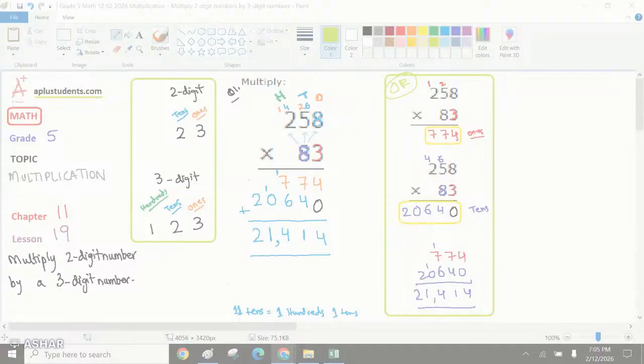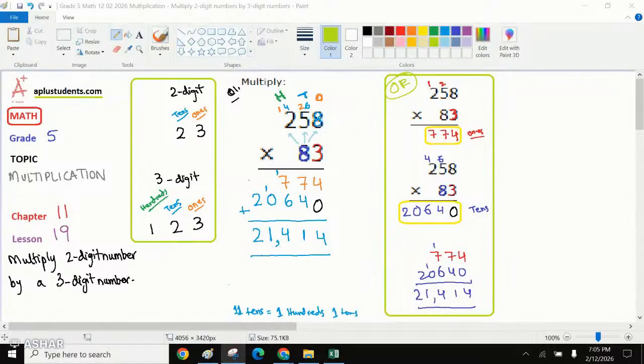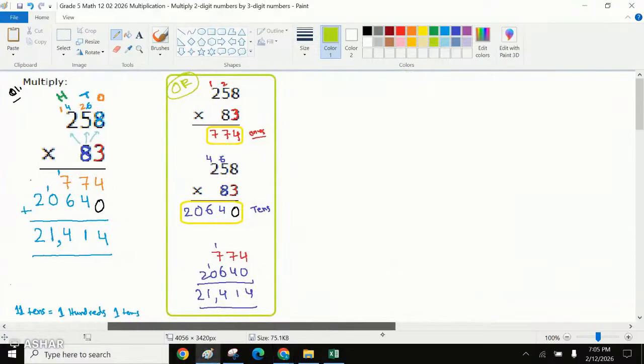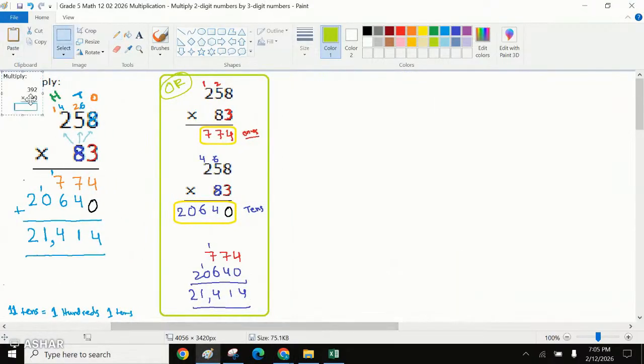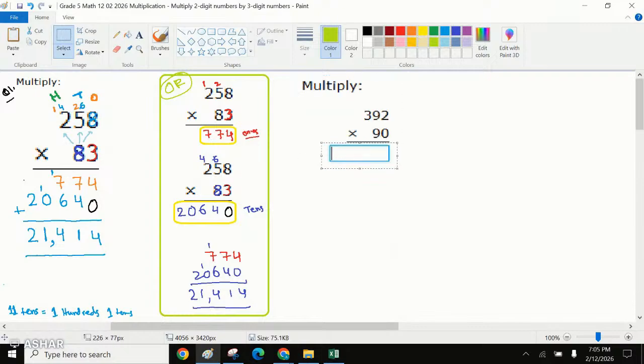Multiply by 90. So we know that whenever we are multiplying, for question number 2, if this statement was given to us, I'll just make a copy of this so that we see this is very easy. Why?